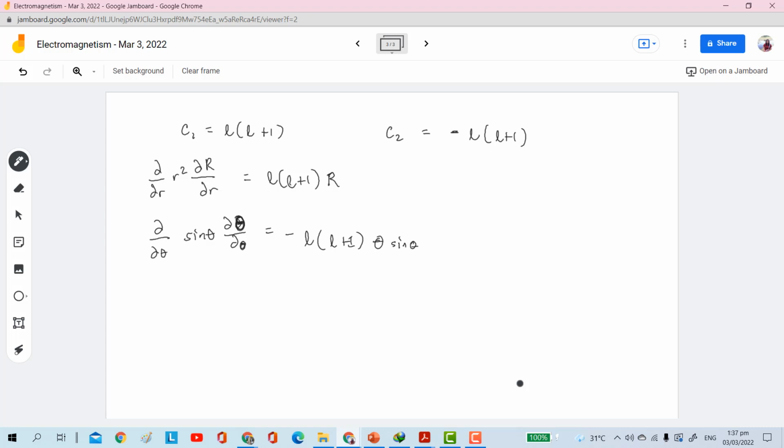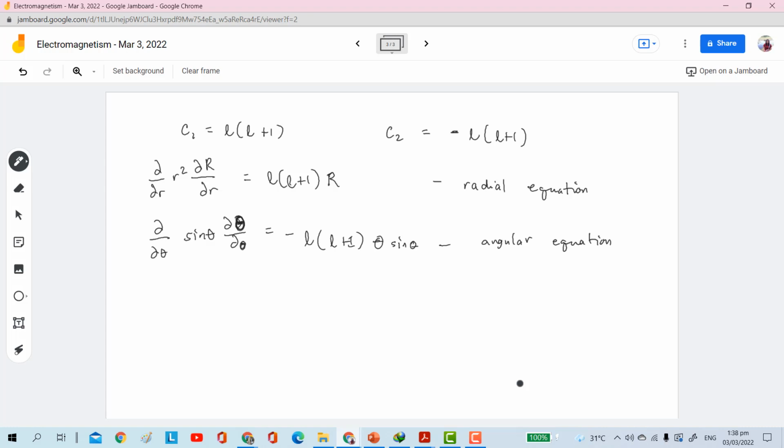Okay, so we can call this the radial equation. So this is the radial equation of the Laplace equation, the radial component of the Laplace equation, and then this one is the angular component of the Laplace equation, or we can call this the angular equation.